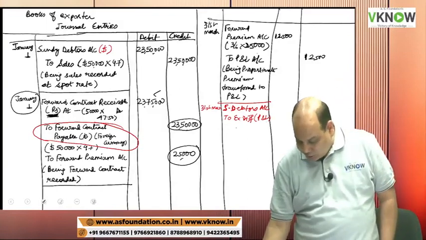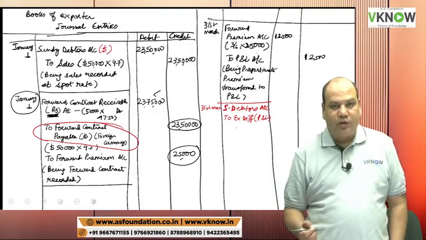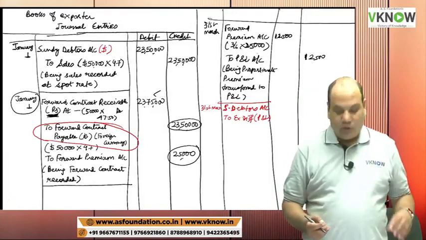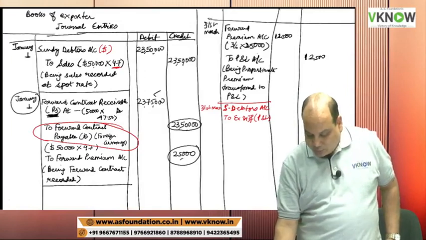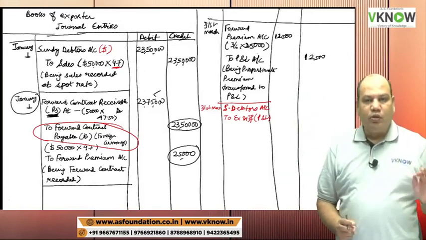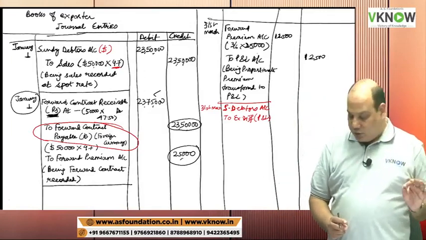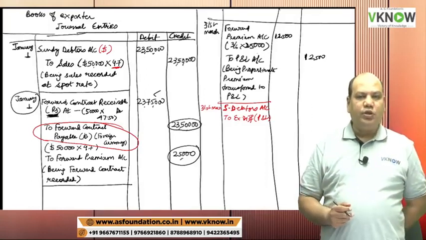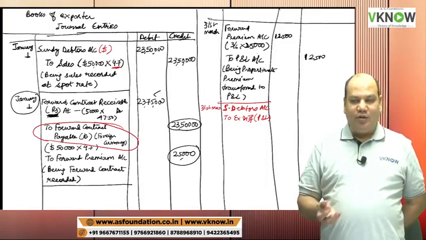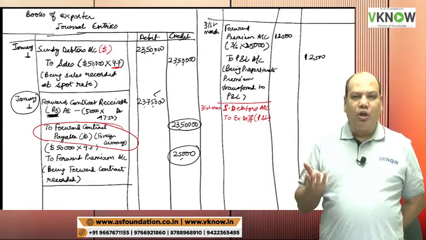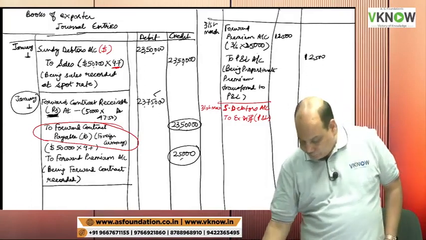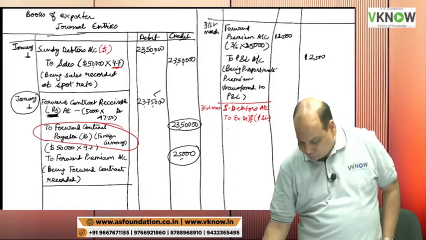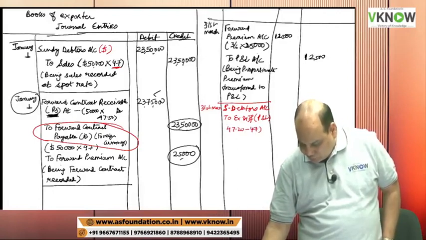So for the sundry debtor, now the student will answer me what will be the amount. When the debtor was recorded on 1st January, the rate was 47. Now the rate is 47.20. So the rate has gone up from 47 to 47.20.